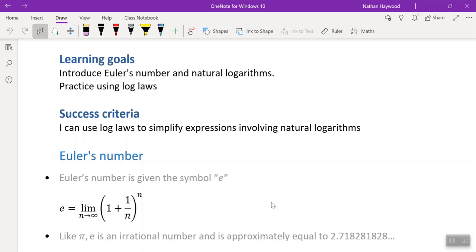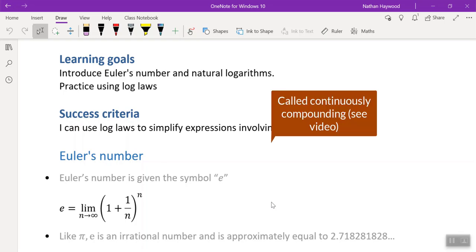Okay, so this is pretty much where calculus comes in, or the rate of change, a limit where n is going to infinity. So this is where the compound interest is happening. See how that formula looks very familiar to compound interest? So e is equal to this special compound interest formula. Okay?